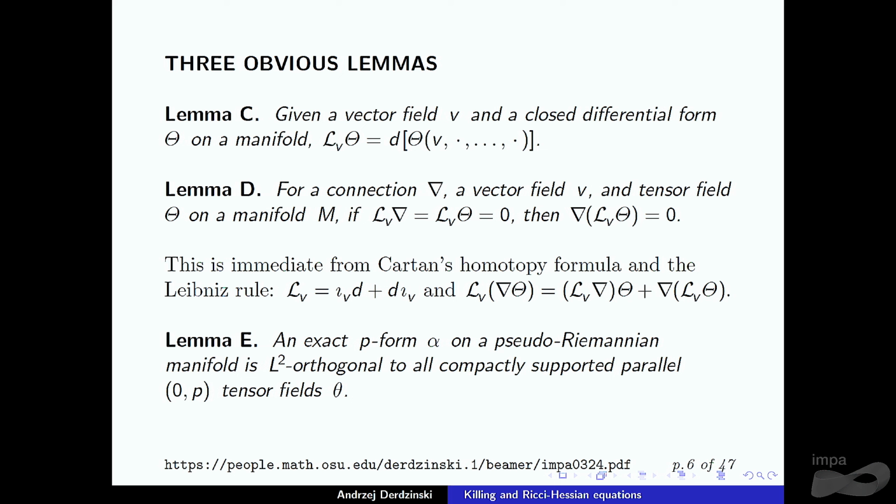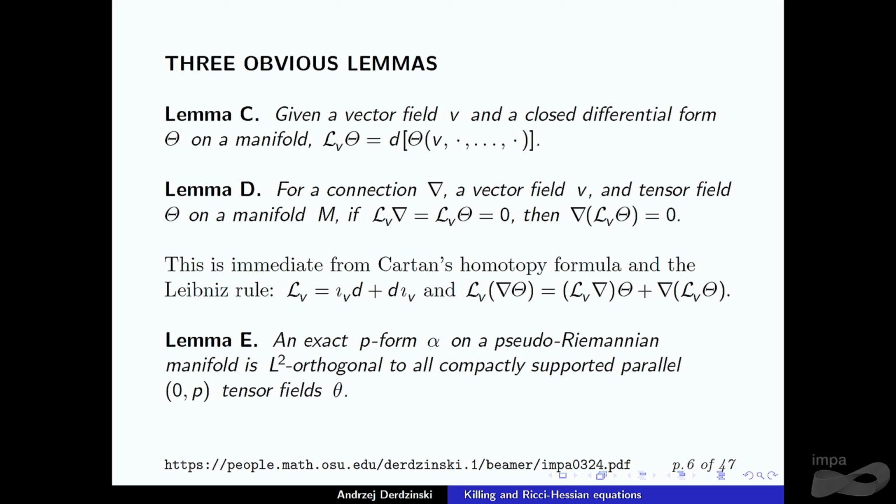First of all, if you have a differential form theta on a manifold which is closed, and any vector field V, then the Lie derivative of that form is exact, because the Lie derivative acting on differential forms is expressed through the Cartan homotopy formula. It's the anti-commutator of the interior multiplication by V and the exterior derivative. So L_V of such a form produces d of something very explicit.